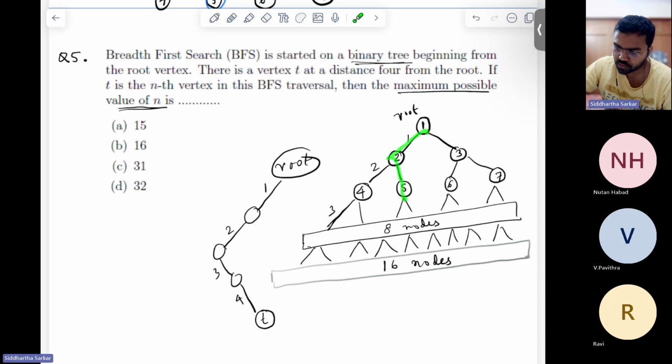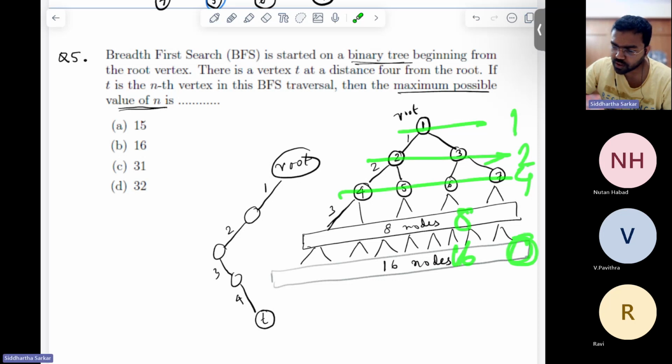So it is in this level, at a distance 4 from the root. Now, if you want to maximize the serial of T in the BFS, then you would keep it at the right end here. So what will be its serial? 1 here, 2 here, so 1 plus 2 plus 4 plus 8 plus 16.